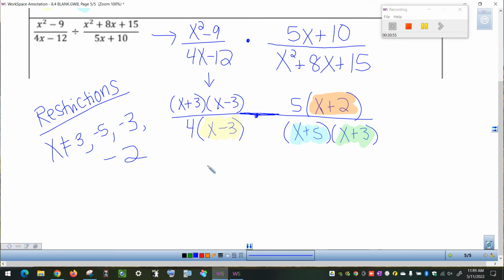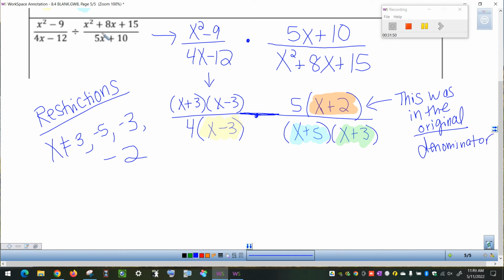And so the only reason that we would ever look at something for a restriction that looks like it's in a numerator is because it used to not be in the numerator. So let's make a note of this here, that we are going to include that in our restrictions. I'm just going to say here because this was in the original denominator.